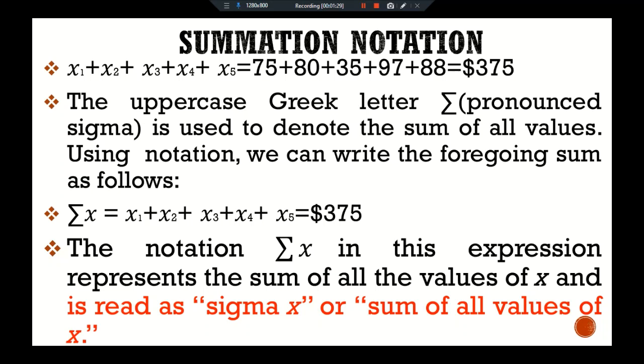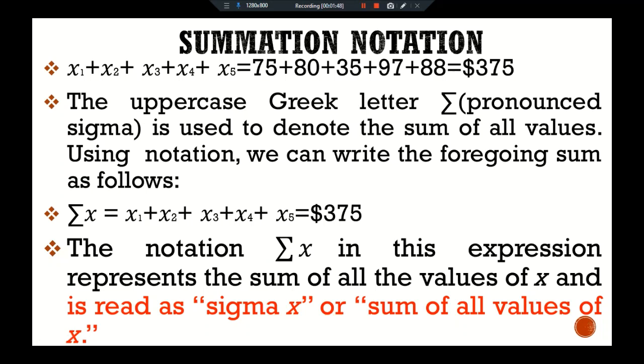The notation summation x or sigma x in this expression represents the sum of all the values of x and is read as sigma x or summation x. So sigma x or summation x is the sum of the values of x.